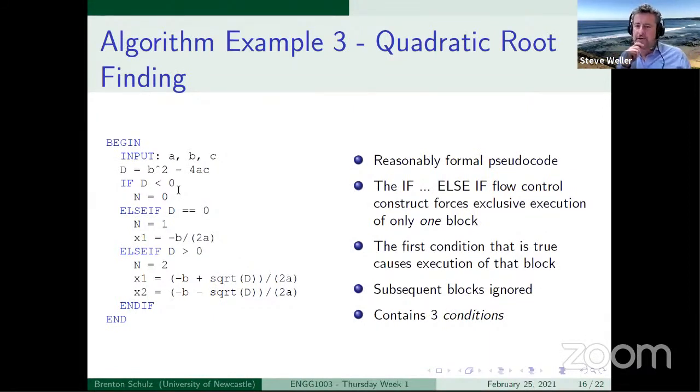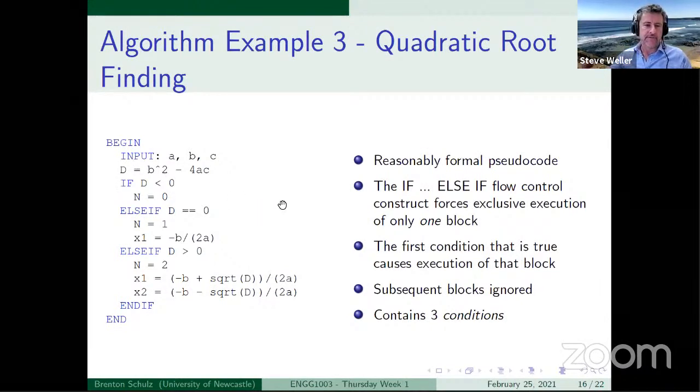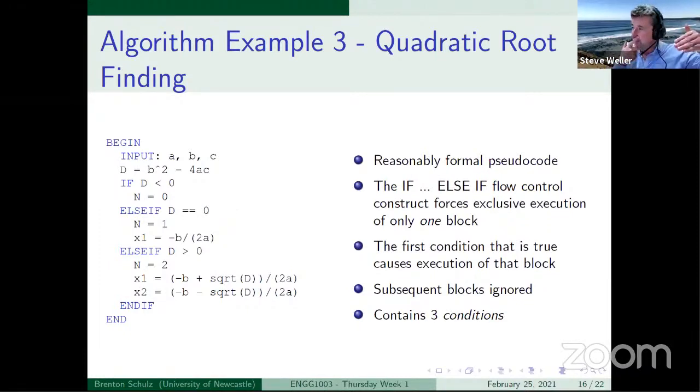One other thing I'd like you to notice is that in the pseudocode, as we work from top to bottom, as we come to the conditions, we've deliberately indented the instructions. That's really helpful for a couple of reasons.